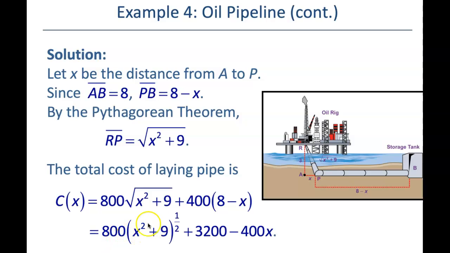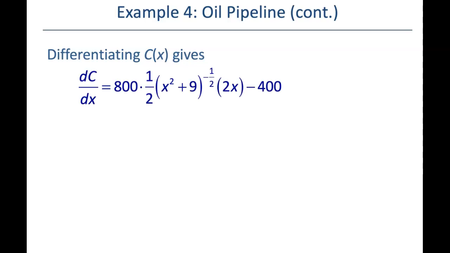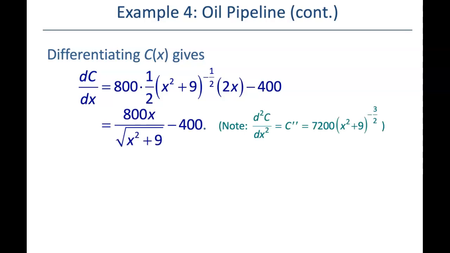All right, so then just making that radical into a rational exponent, and then distributing that 400, you've got that. And of course we want to find the derivative of that cost function, because we're going to set it to 0, and that'll be our minimum cost. All right, so that's differentiated. Hopefully that's not too much of a stretch.